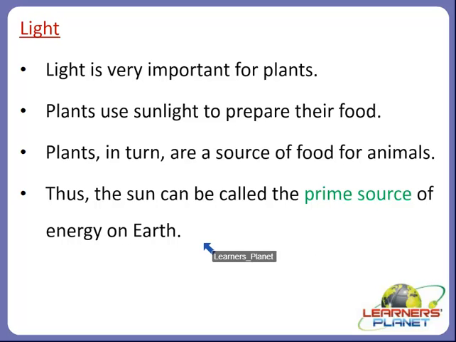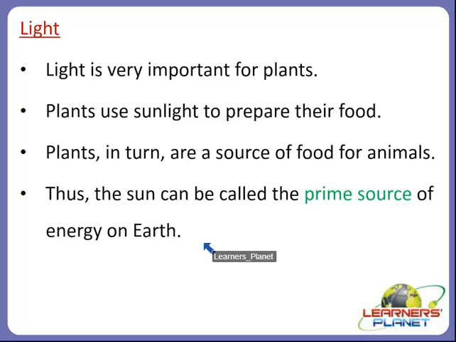So remember that even though these abiotic components are themselves non-living, they do have an effect on living organisms, that is, the biotic components of the environment. And that is why these biotic components and abiotic components, they both form the environment. They both are important for the environment.